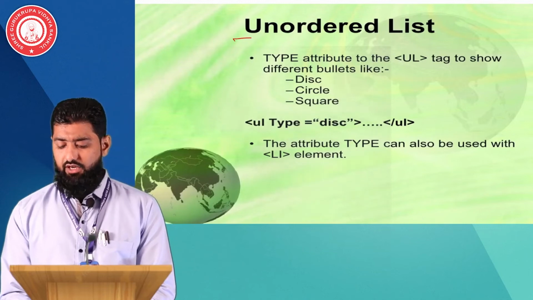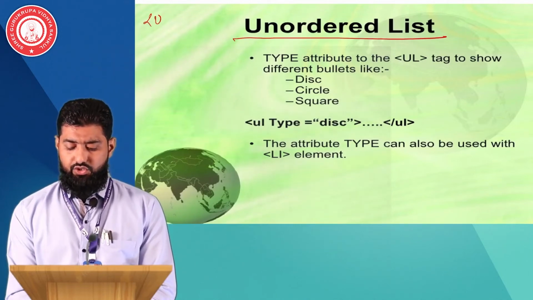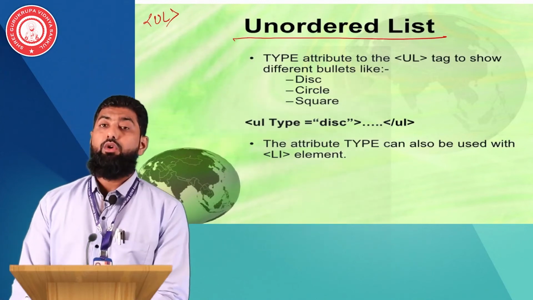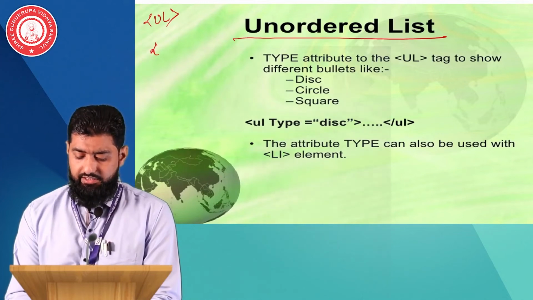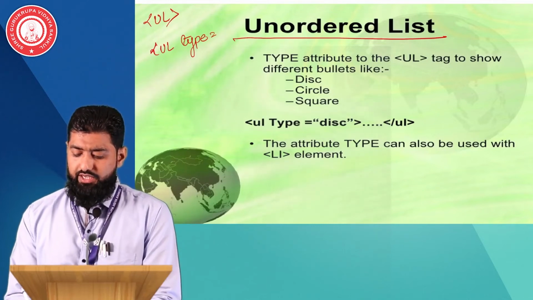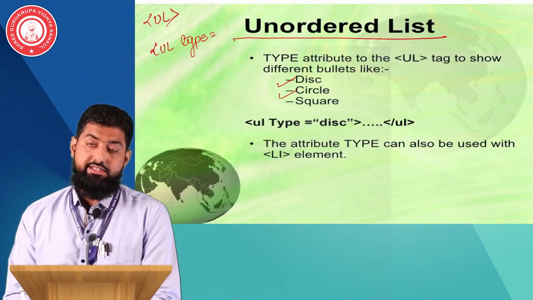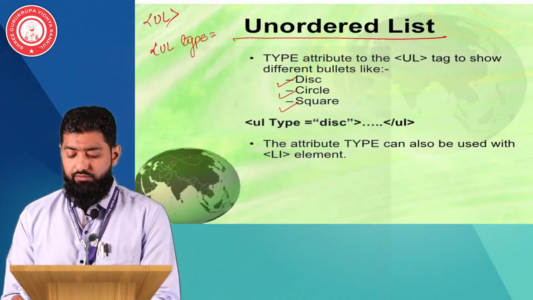Okay. Start with the unordered list. Unordered list is the UL list. In UL, we have one attribute, and that is the type attribute. In type, we can use disk as a value, we can use circle as a value, and we can use square as a value of type.